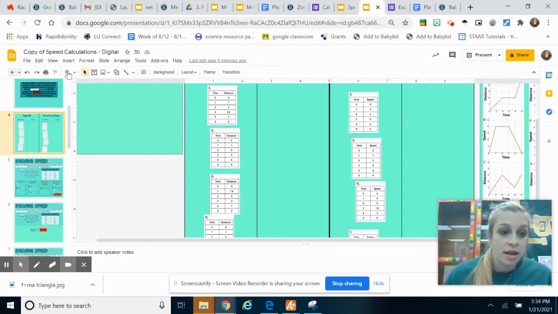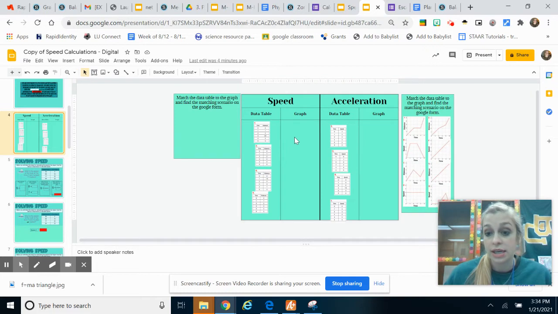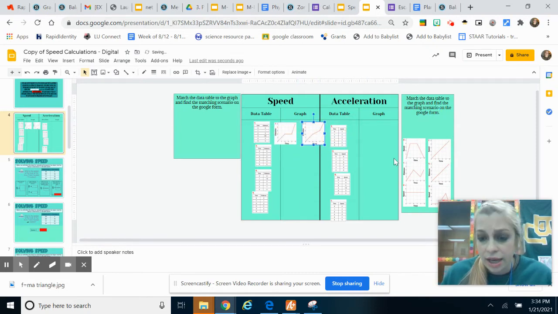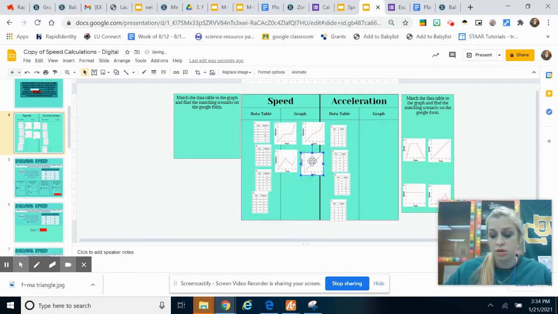And then how my brain works is I'm just going to grab all the distance time graphs and I'm going to put them somewhere over here so that I can match them to the correct data table. So dragging all of those so that I can match them.